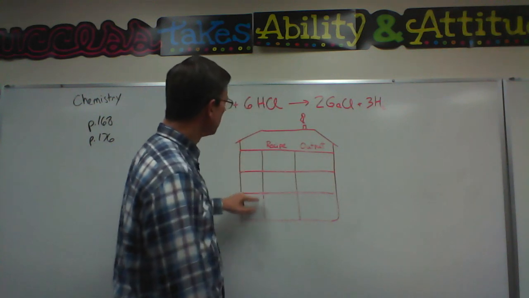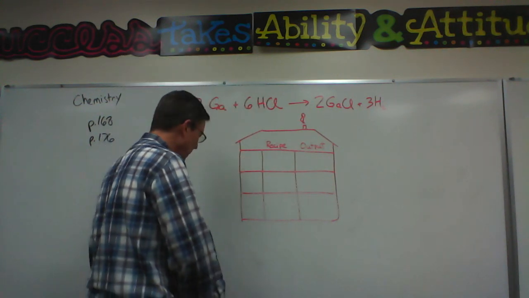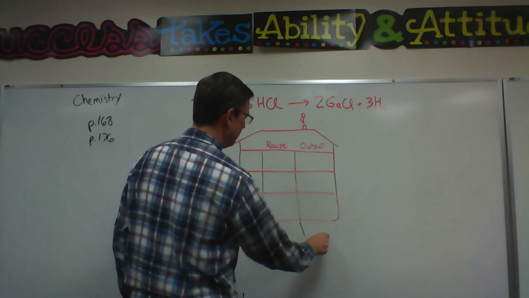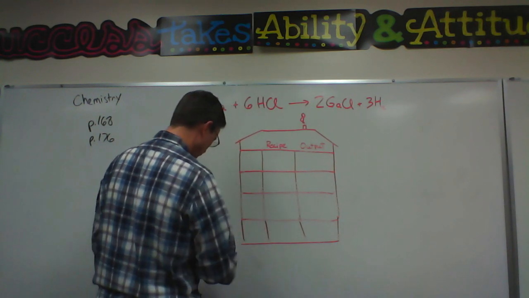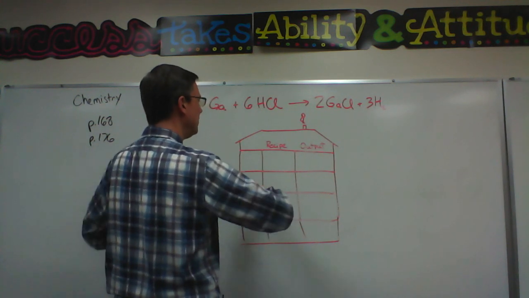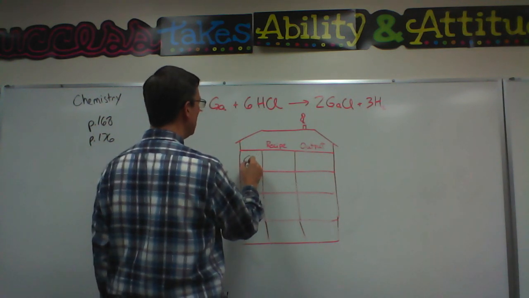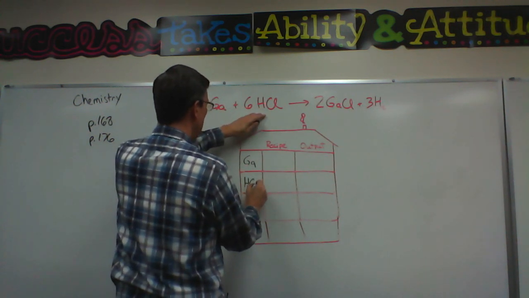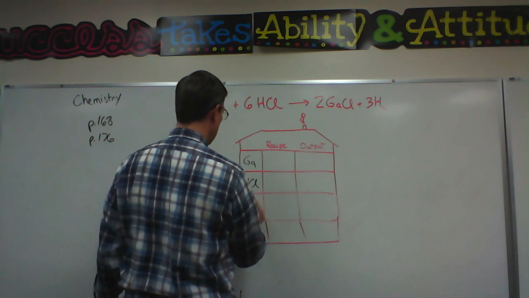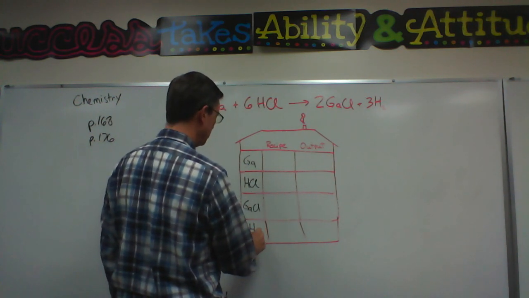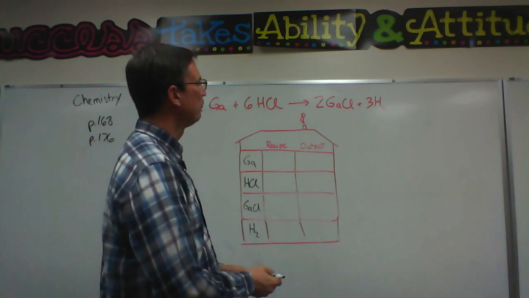And so I'm going to set this box up. It looks like I need one more level here. So this is like a tic-tac-toe. Coming down the side are the names of the compounds: gallium, hydrochloric acid, HCl, gallium chloride, GaCl, and then the gas H2.